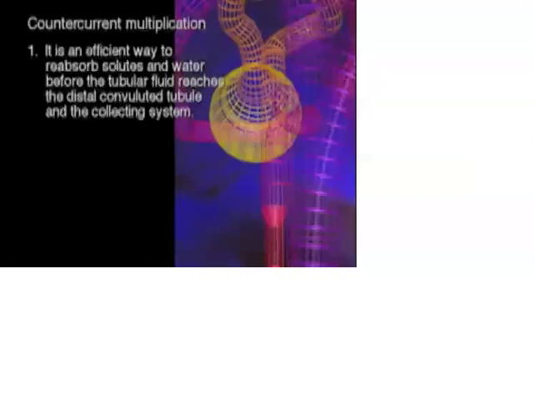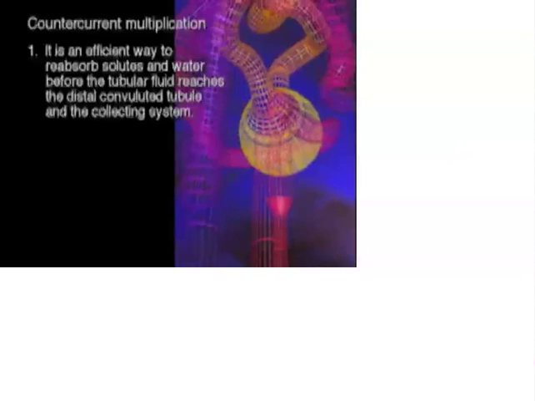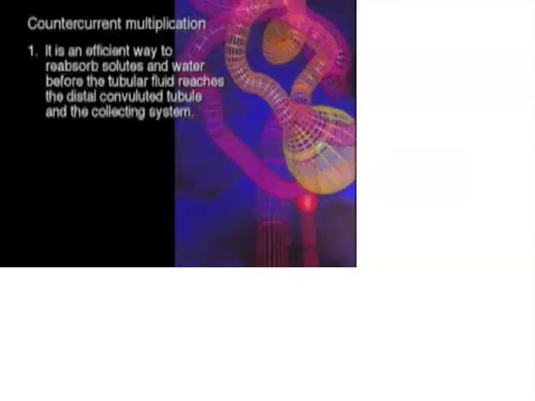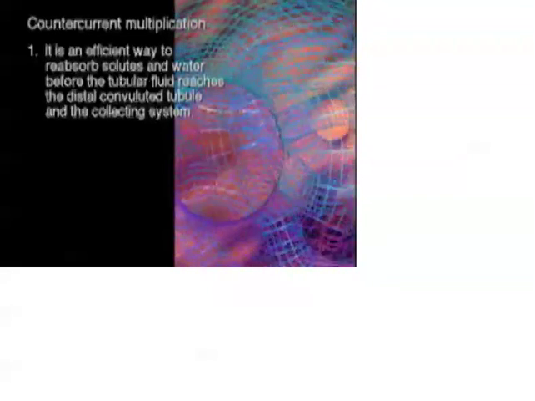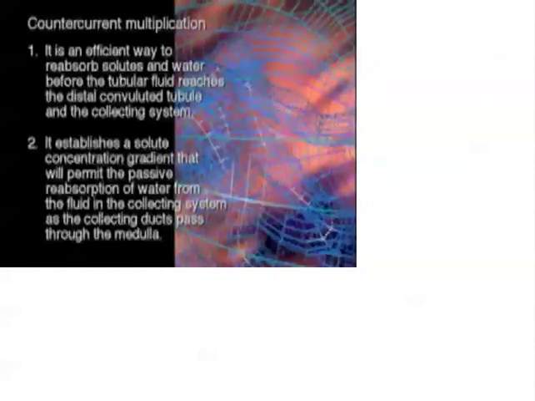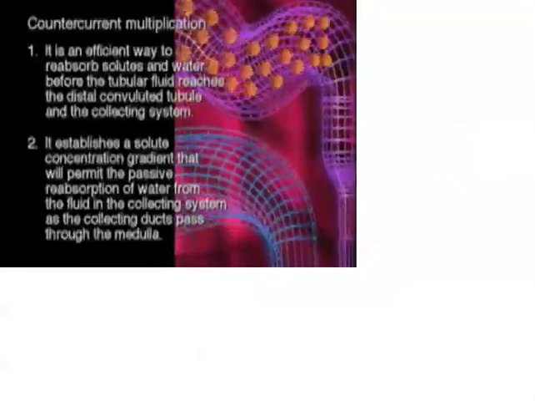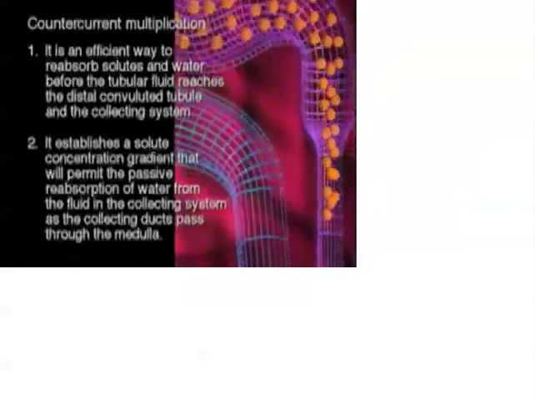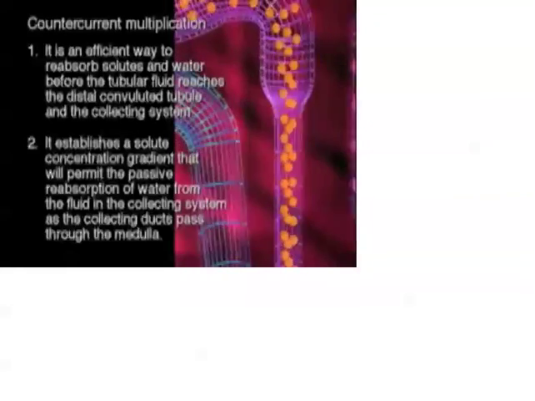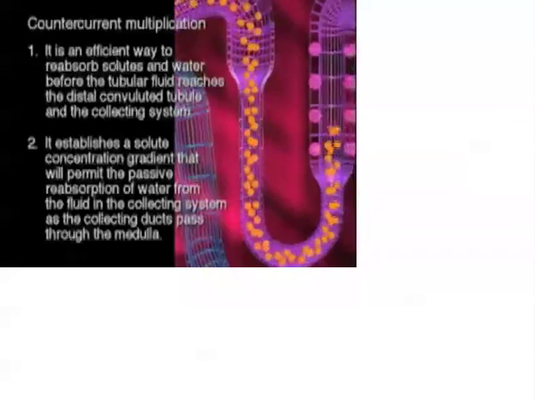First, it is an efficient way to reabsorb solutes and water before the tubular fluid reaches the distal convoluted tubules and the collecting system. Second, it establishes a solute concentration gradient that will permit the passive reabsorption of water from the fluid in the collecting system as the collecting ducts pass through the medulla.